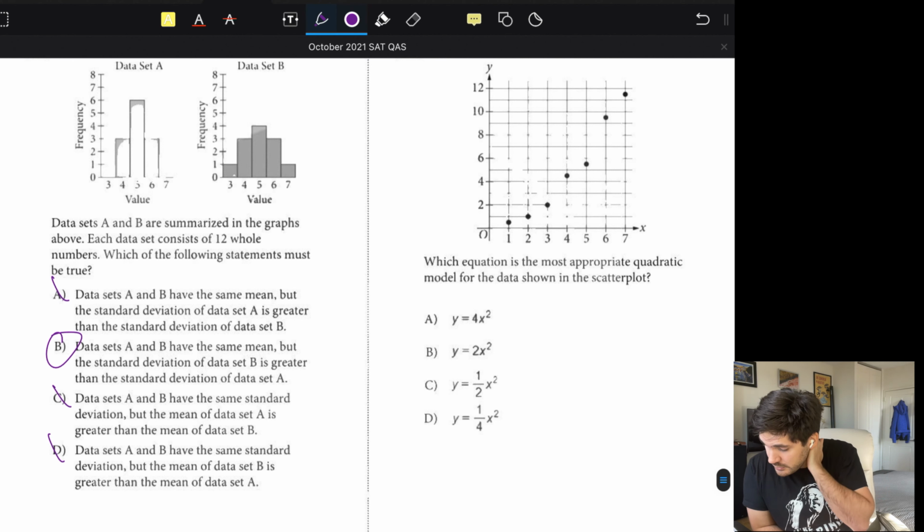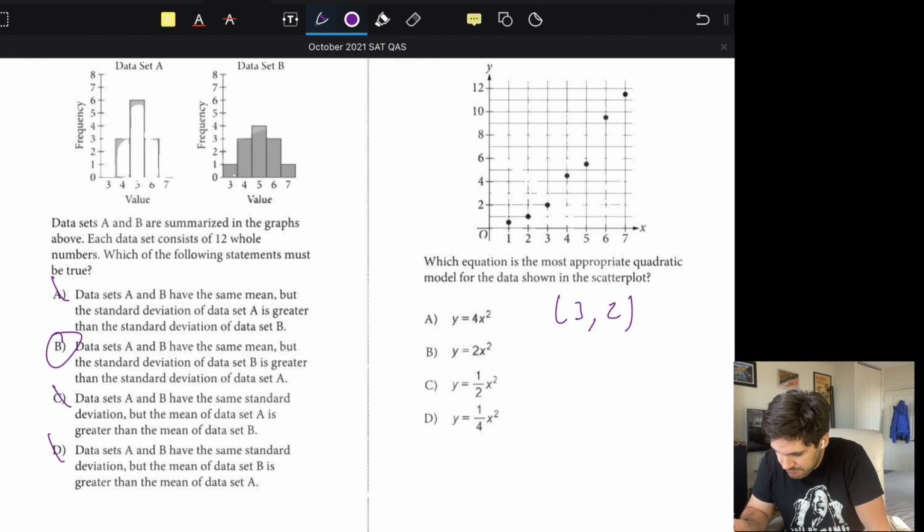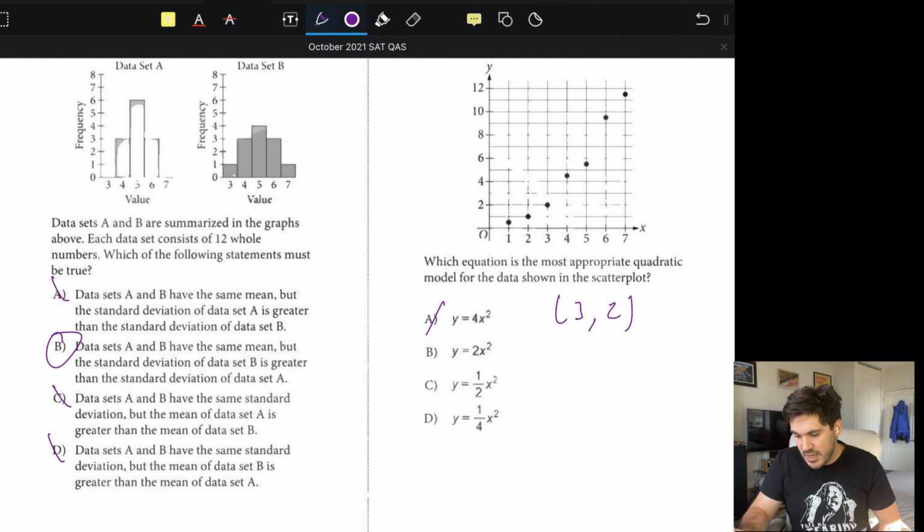27, which of the following is the most appropriate quadratic model for the data shown in the scatter plot? Just plug in one of the points and see which one is closest to it. Let's say we do (3, 2). This means that y has to be smaller than x, so A and B can't work because those are both increasing.